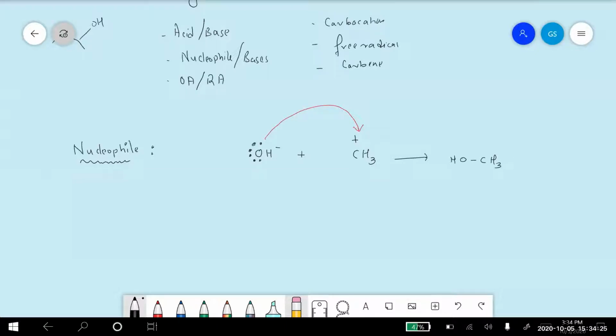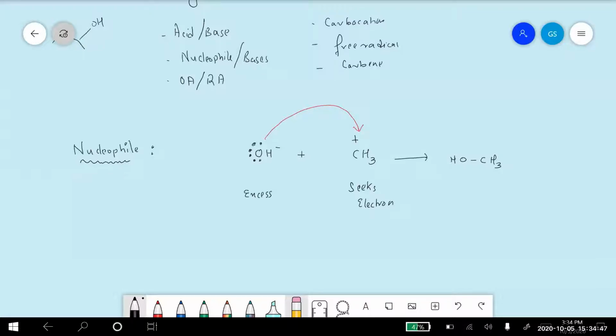This is the action of a nucleophile: something that has a lot of electron density and is capable of giving electrons to another substance that seeks electrons. This substance here seeks an electron pair, and this substance has an excess of electrons.